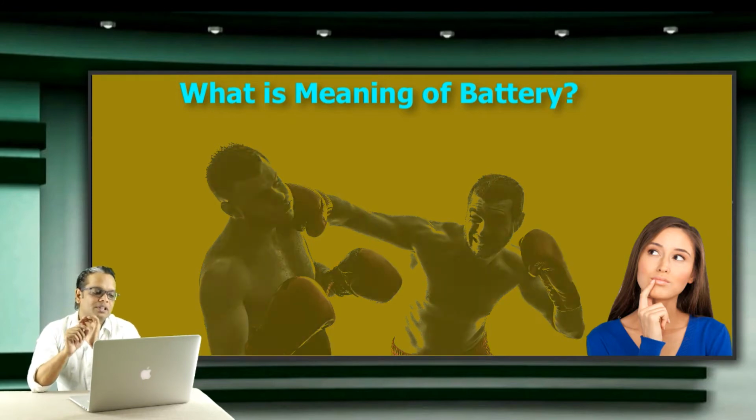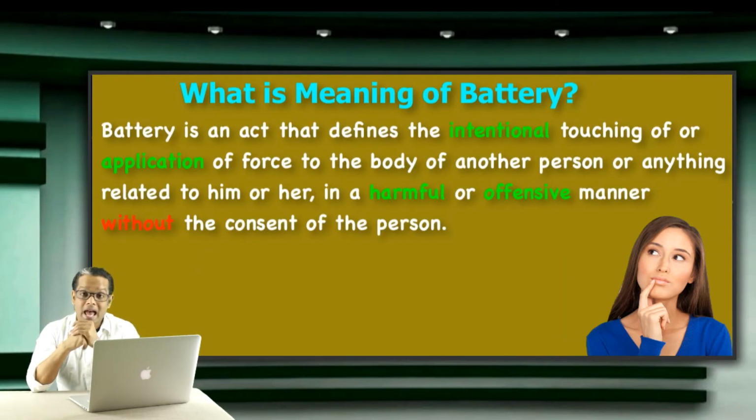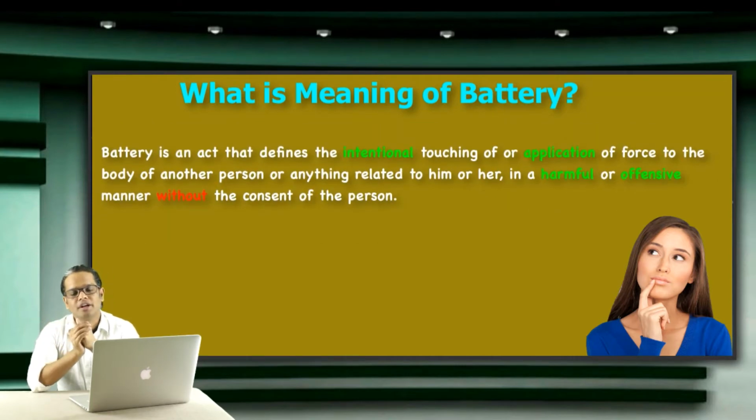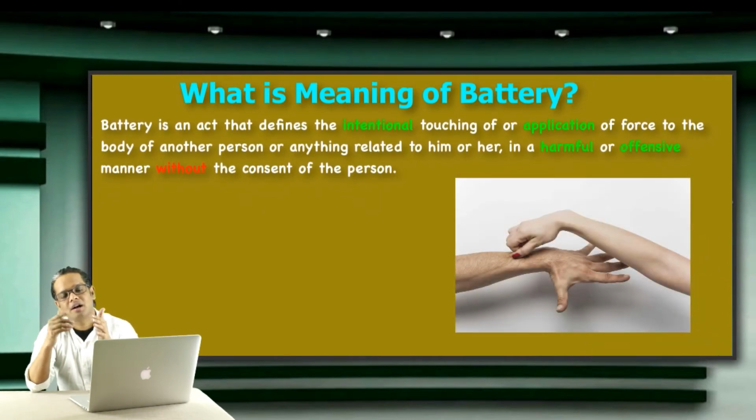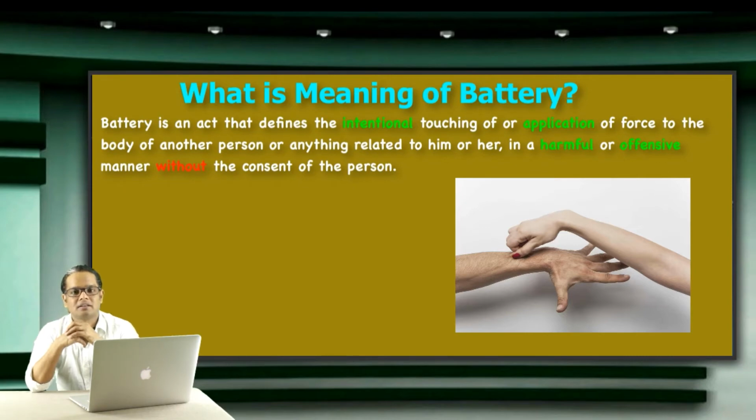As the legal language says, battery is an act that defines the intentional touching of or application of force to the body of another person or anything related to him or her in a harmful or offensive manner without the consent of the person. So, if you touched someone and your touch somehow harmed that person, then it is called battery.